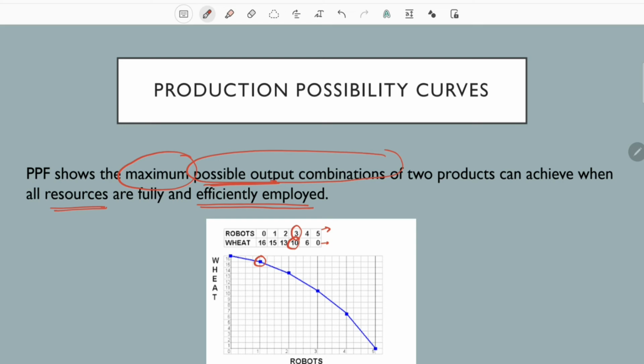This is the maximum possible output combination that you can produce by using all the resources of the economy. In a PPC curve, the area within this line shows the amount of resources in that economy.